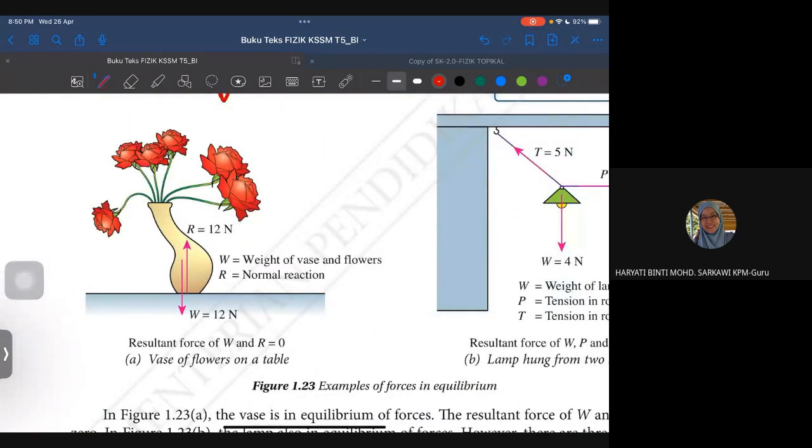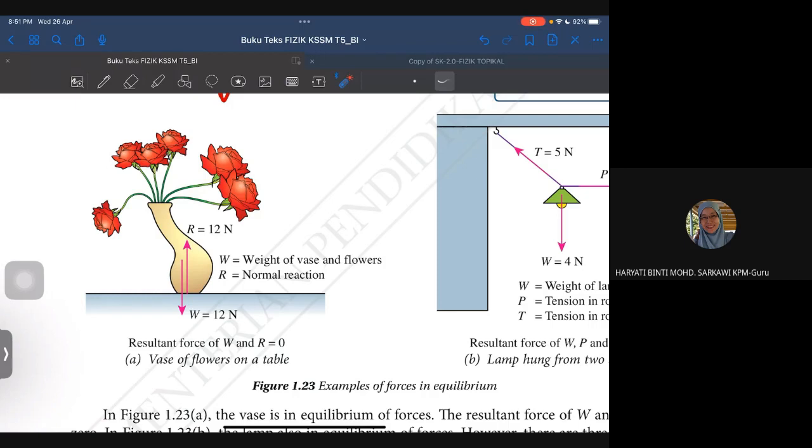Now, look at this situation. The object now is stationary. The vase now is stationary, not moving. In this case, for the forces acting on the system, we can label. We have the weight pulling downward, and then there will be another force acting upward, known as the normal reaction. Since the object is stationary, the forces acting on the object are in equilibrium, which means that the net force is equal to 0.